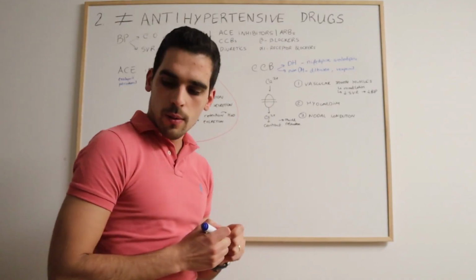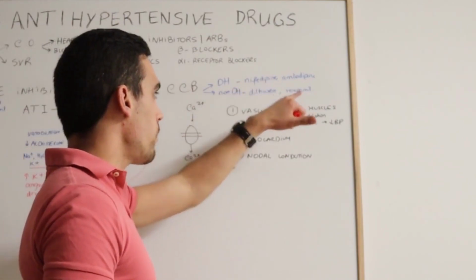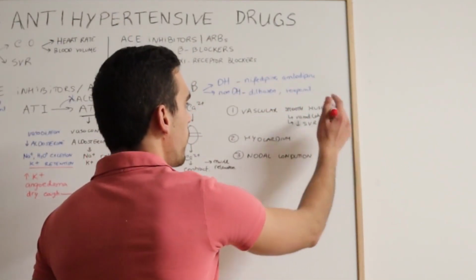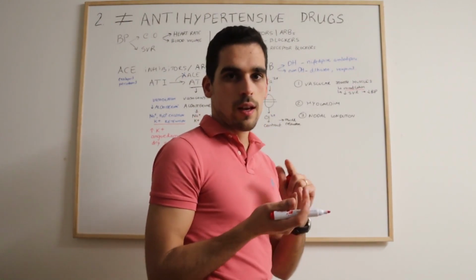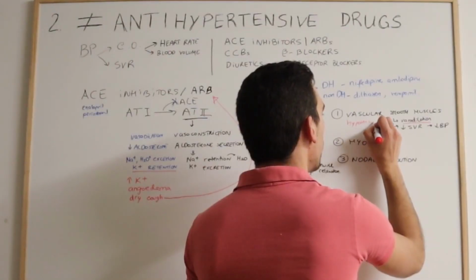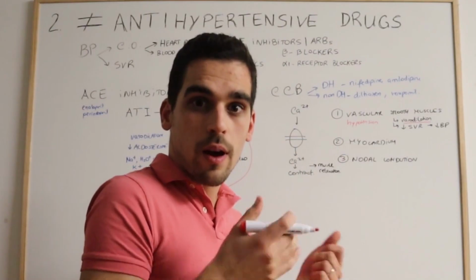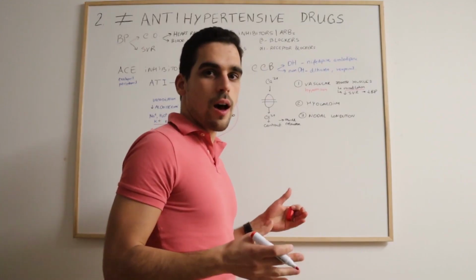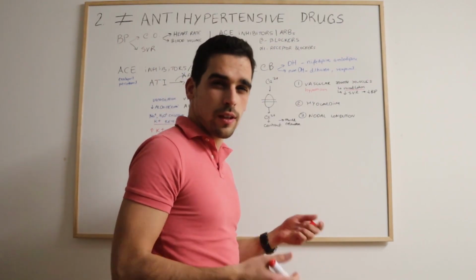Then when we talk about side effects, they are also different. Nifedipine and amlodipine cause mainly vasodilation, as we've seen. So the main side effects are hypotension, postural hypotension. If there is a huge vasodilation that is detected by the baroreceptors, then our blood pressure may drop very quickly, and people may feel like fainting.